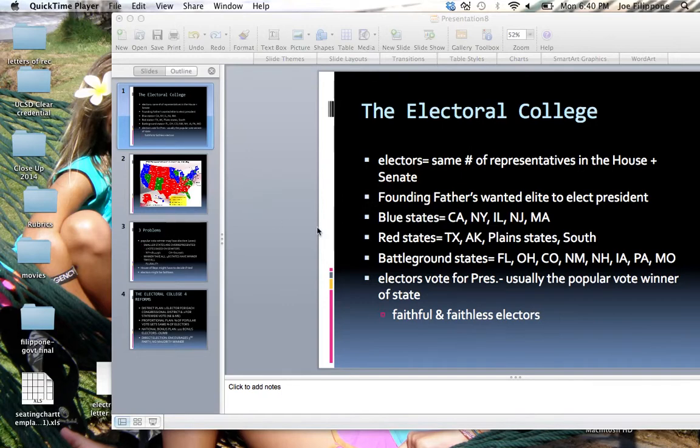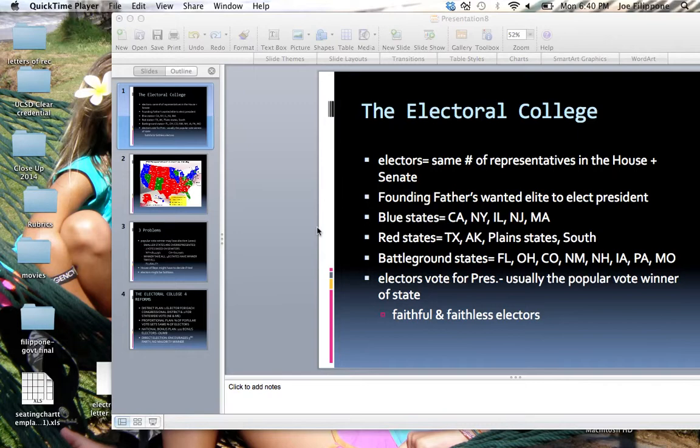the map of the Electoral College, there are blue states which vote mostly Democratic. Those would be California, New York, Illinois, New Jersey, Massachusetts. A lot of the Northeast and a lot of the West pretty much vote Democratic. A lot of the red states, which are Republican states, vote mostly Republican.